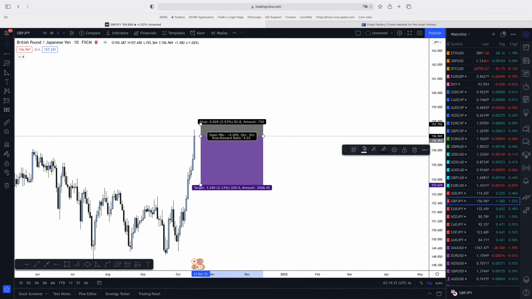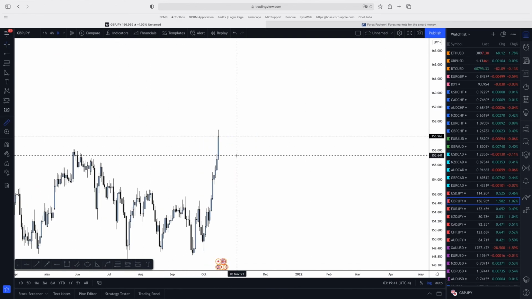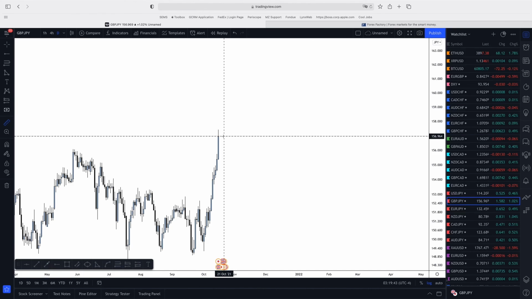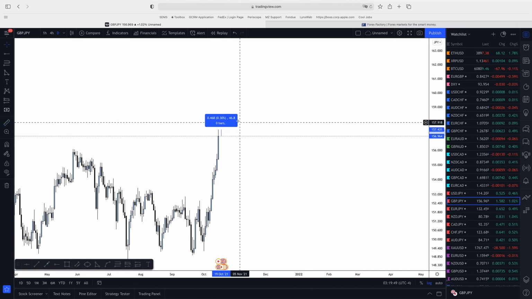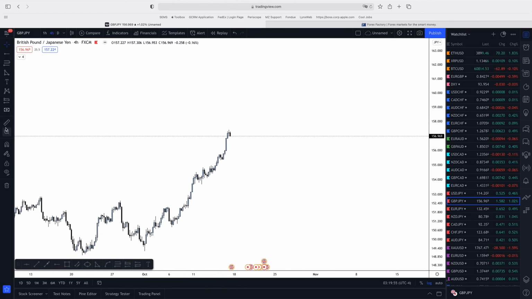You guys are also able to measure how many pips something goes up or down. So from the price of this market right now to the top of this wick, guys, this is a 46 pip move. Guys, this is the daily chart. Let's say we go to the 4-hour.